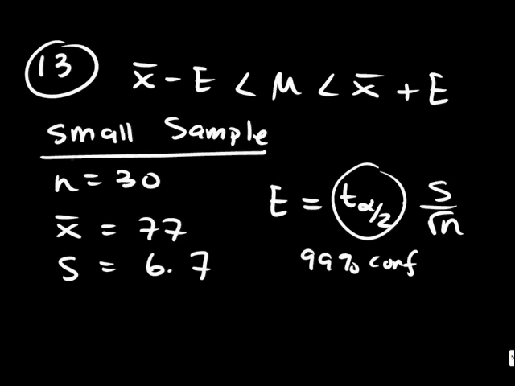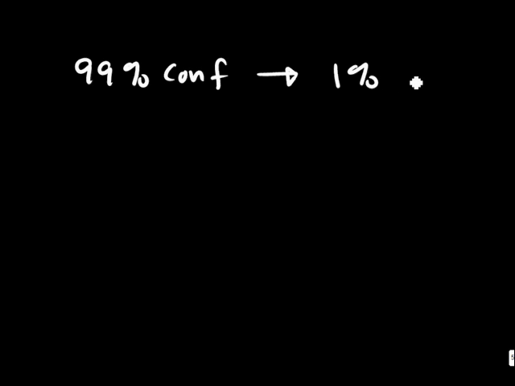So looking at our t table, 99% confidence implies 1% level of significance, or an alpha value. And we're going to look at the two-tail column.